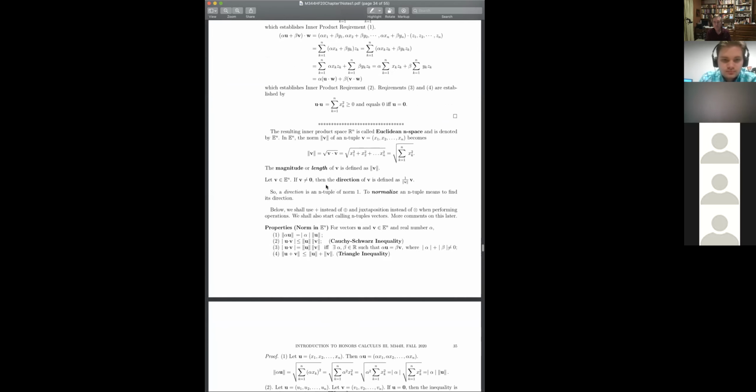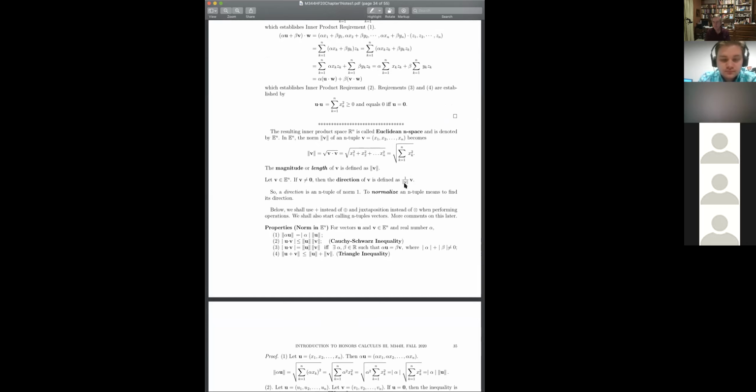So now, if I have a vector, how do I find out what its direction is? The direction, remember, is a vector of length 1. So what you do is you take your vector, you want to know what its direction is, and you multiply by the scalar 1 over the length of it. When you get done, this resulting vector is a vector of length 1, and therefore it's a direction.